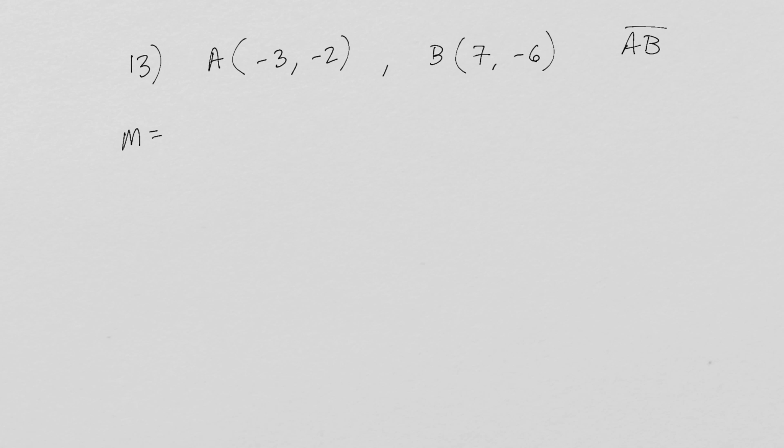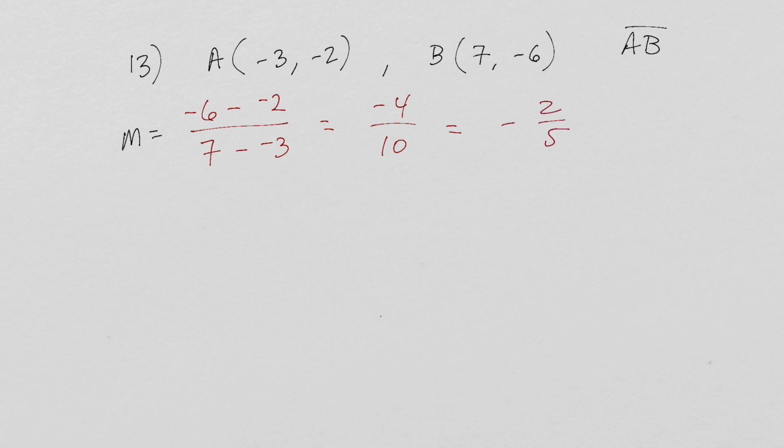So y2 is negative 6 minus y1 is negative 2 over the difference of the x's, 7 minus a negative 3, which is negative 6 plus 2, that's a negative 4, and 7 plus 3, that's a positive 10. So the slope here is negative 2 over 5.